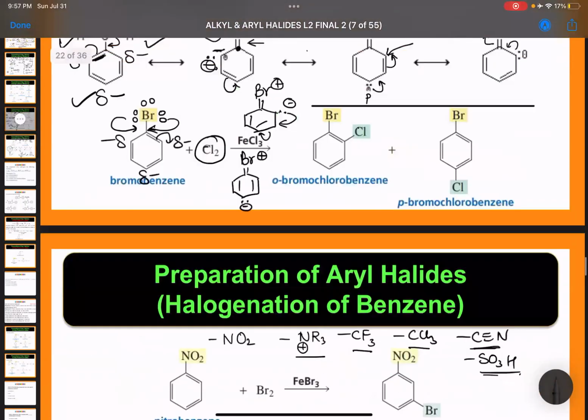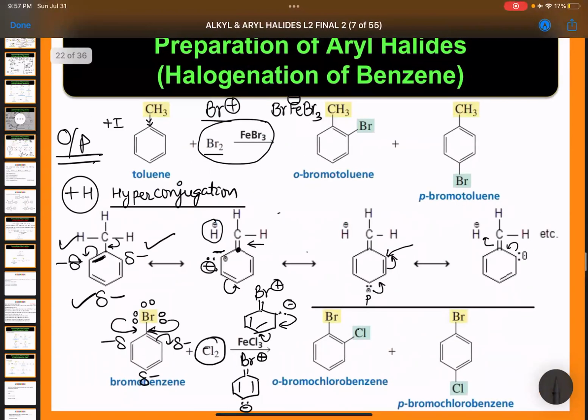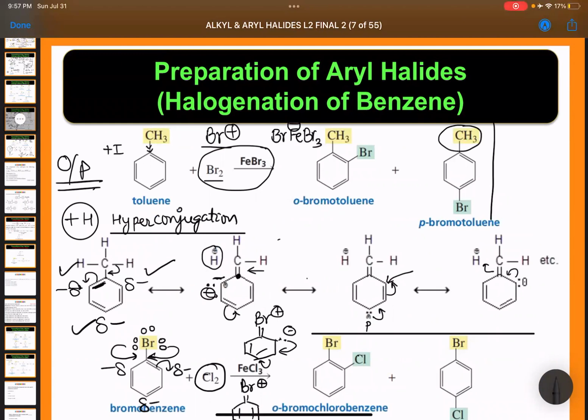if you have electron donating groups like methyl, or groups which can give electrons by resonance, for example NH2, which has a lone pair, OH, which has a lone pair, O minus, which has 3 lone pairs, such groups are strongly activating, very highly activating.